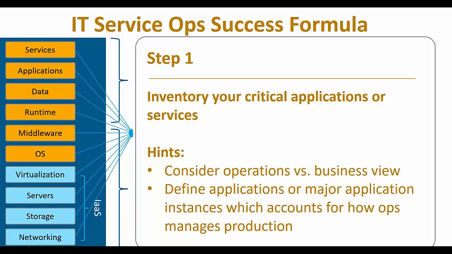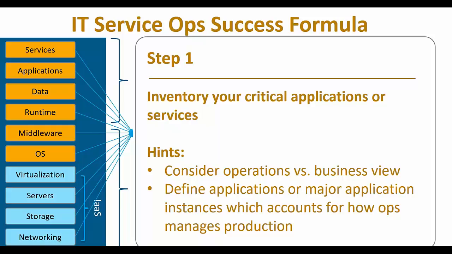And what do I mean by operations standpoint? When you have a business application, maybe it's your claims system. Well, the executives of your organization claim it is this big, hairy IT service for sure. But when you look at it from an operations standpoint, you may have two major instances of your claims system, one on the East Coast and the West Coast. When you're defining your applications, define it on the major application component and define two apps from an ops standpoint.